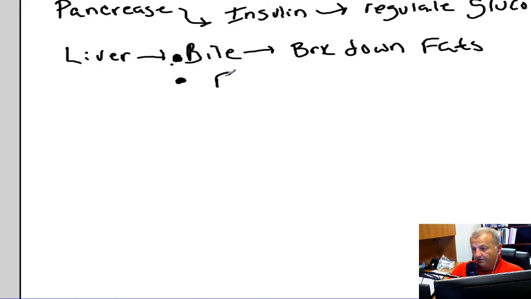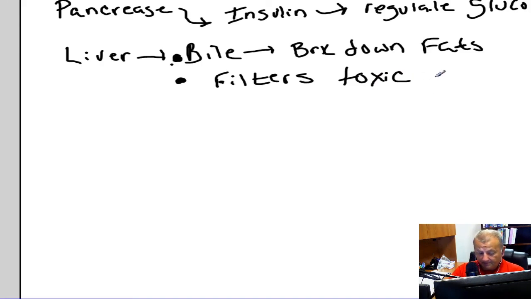Well, it filters toxins produced during digestion. All right.